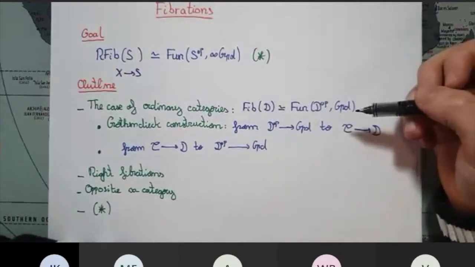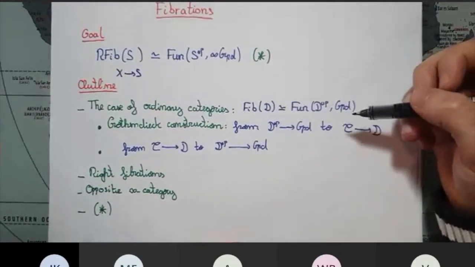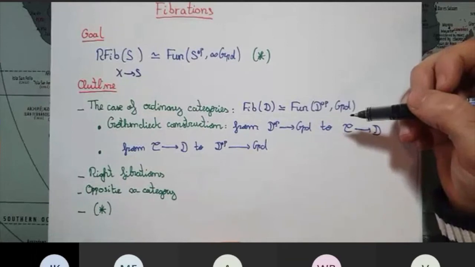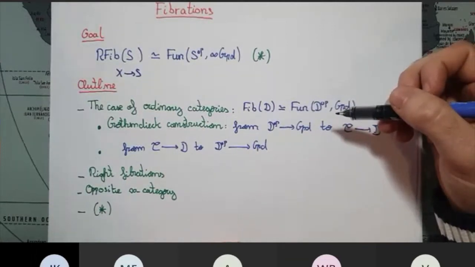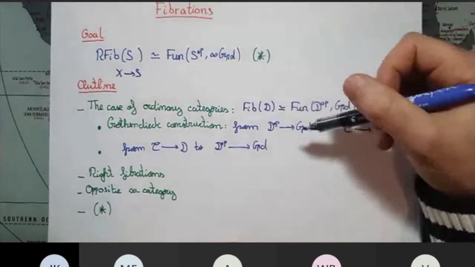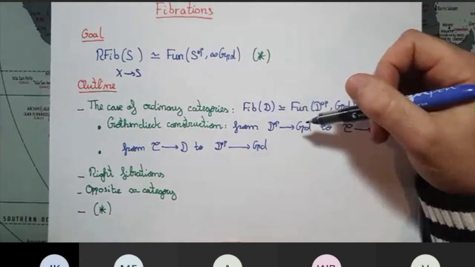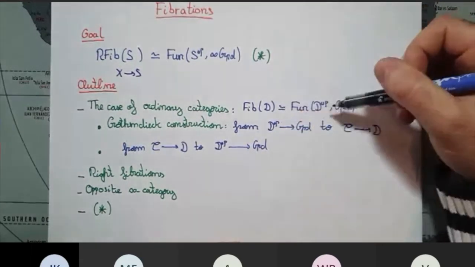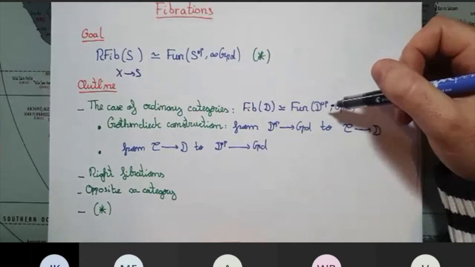But most of the talk I will be talking about the case for ordinary categories, which says that there is an equivalence between fibrations on a category and functors from the opposite of this category to groupoids.